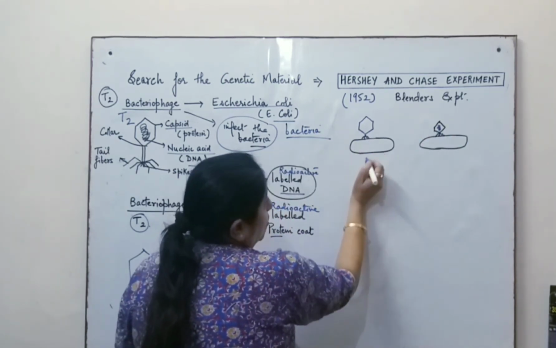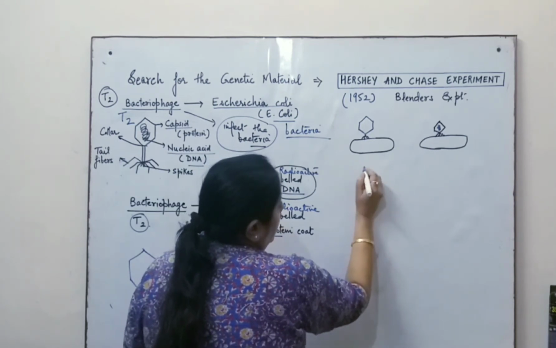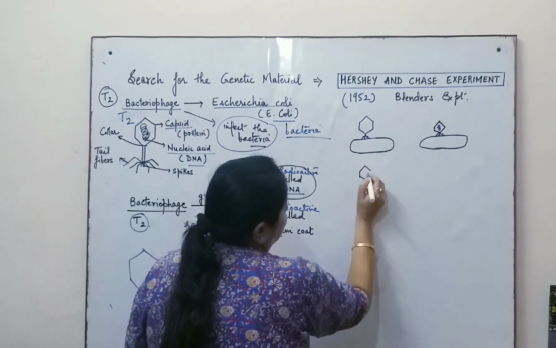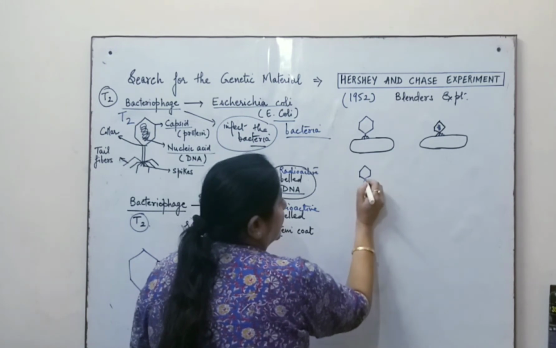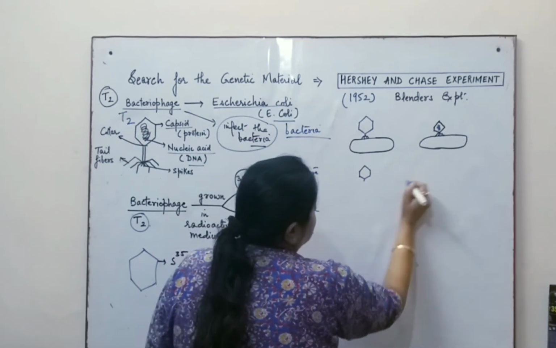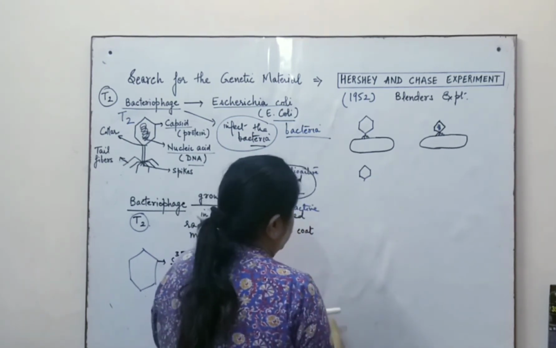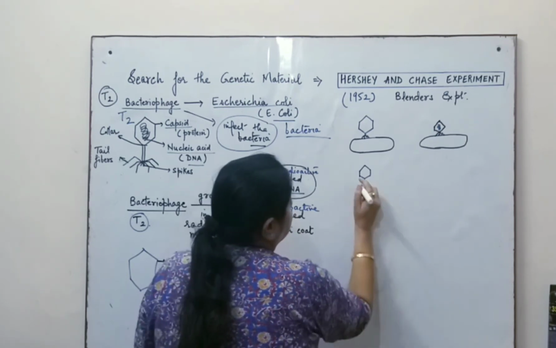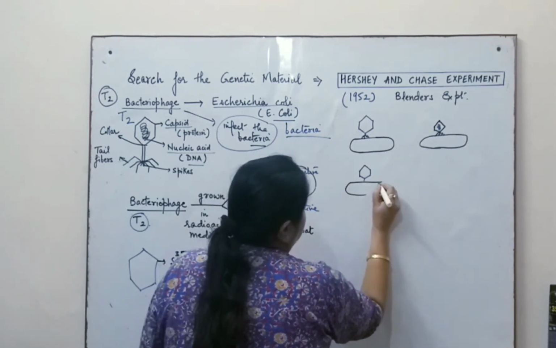The protein coat will remain at the top and will not enter, whereas the DNA will enter into the bacterial cell.